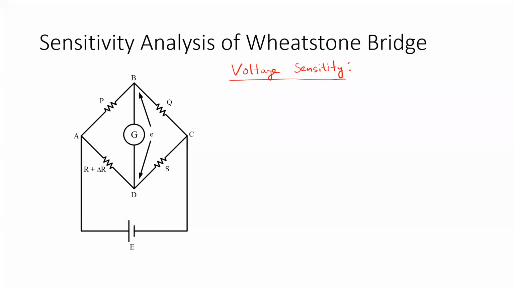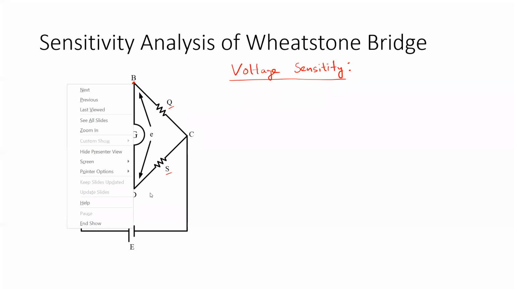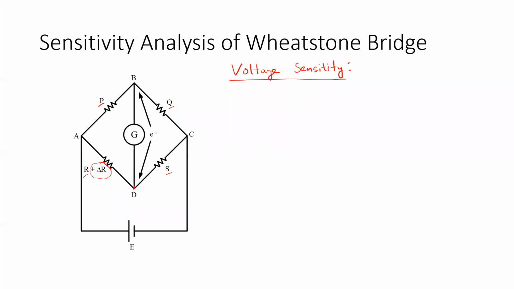So as I was talking about unbalanced conditions, suppose previously our bridge was balanced with the values of P, Q, R, and S. If one of the resistances experiences some change in its value, for some sort of variation, suppose an increase or decrease in temperature, or it is stressed somehow, that change in resistance we can represent here by delta R. Due to that change in resistance, there will be an unbalance in the bridge, and due to that unbalance, the potential difference between the two nodes across the galvanometer, B and D, will not be zero anymore, so it will have some value.